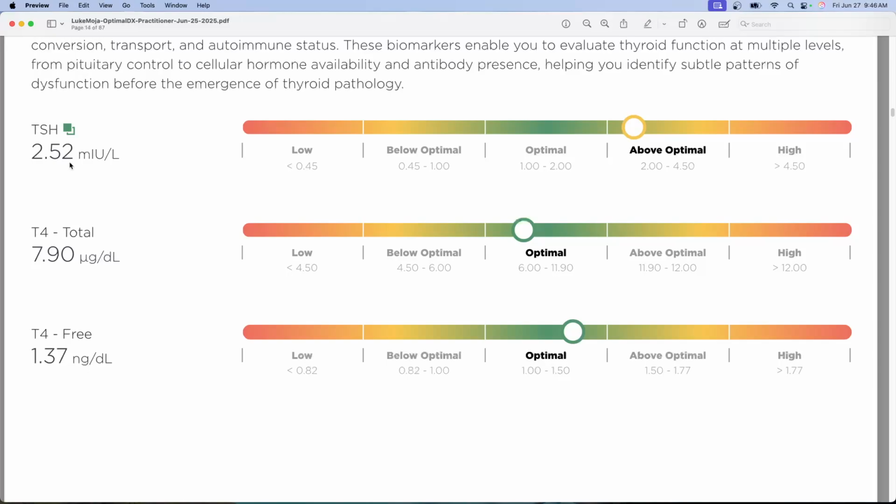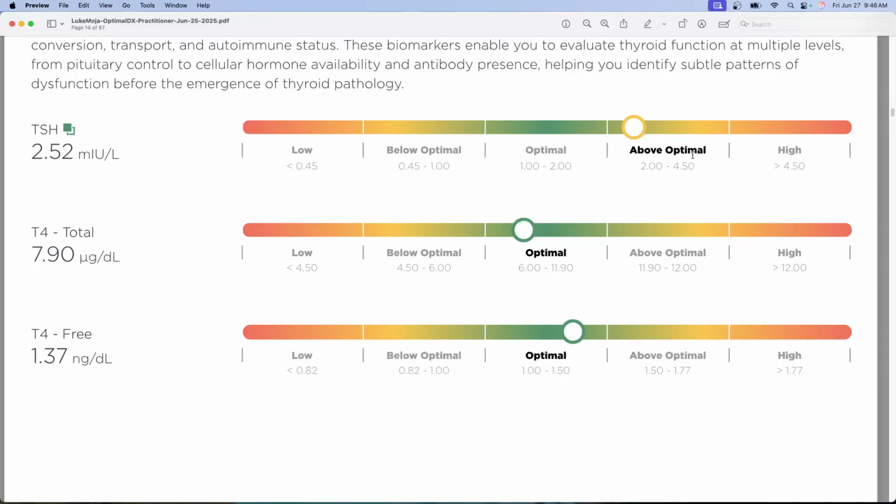So a TSH number, thyroid stimulating hormone, if you were hypothyroid, you had low thyroid function, that number would typically be high. So your hypothalamus and your pituitary gland would be trying to stimulate your thyroid to make more thyroid hormone because your thyroid production was low.